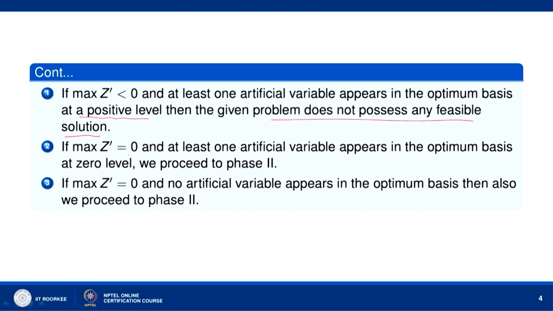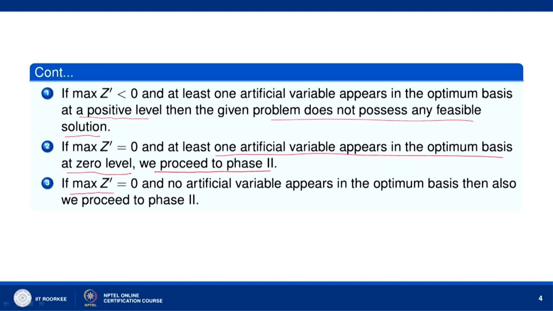If maximum of z star is equal to 0 and at least one artificial variable appears in the optimum basis at 0 level, meaning in the B column the value corresponding to the artificial variable is 0, then we will proceed to phase 2.